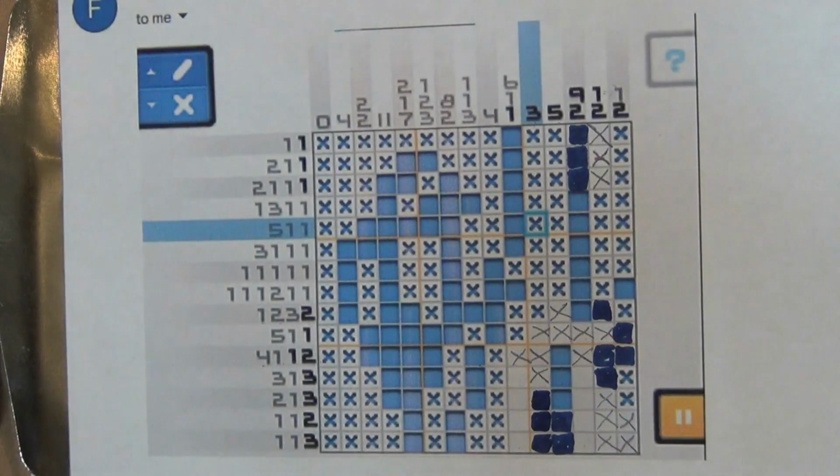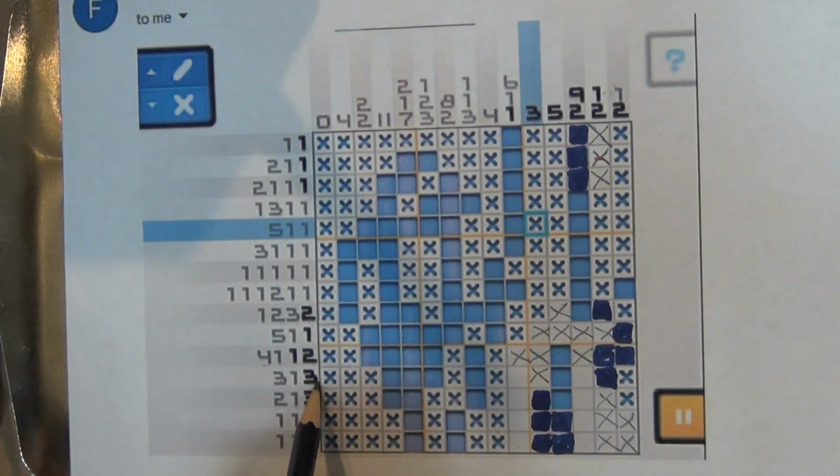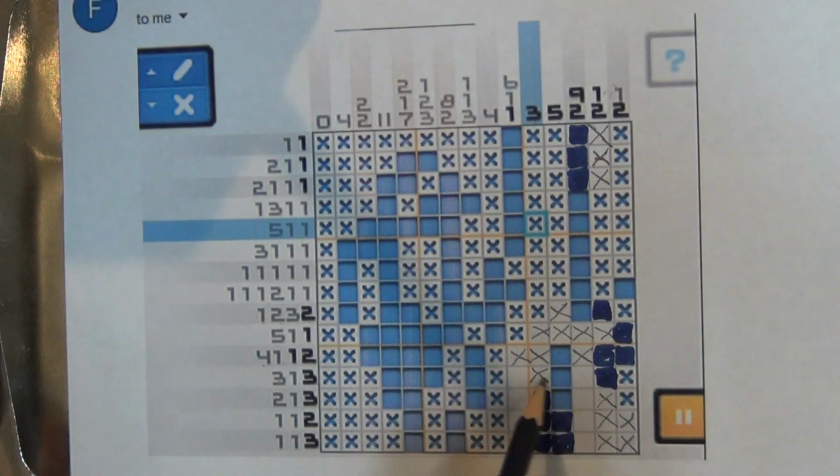All right. Now, let's look and see what we have. I'll just go across here. 3, 1, 3. This has to be 3 in a row. 3 can't fit right here, so I'll put an X. And I'll make that 1, 2, 3.